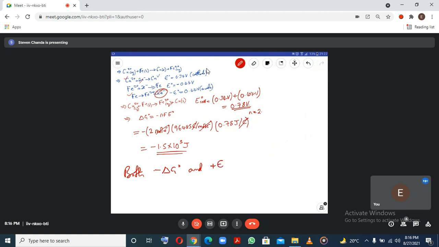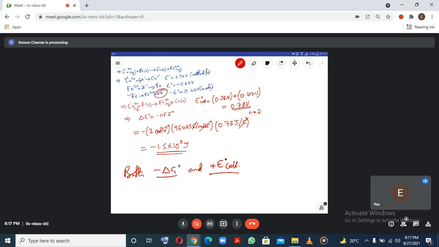These are the conditions for spontaneity. So both the negative sign for free energy and the positive sign of E cell. So that's how you go about answering these questions.